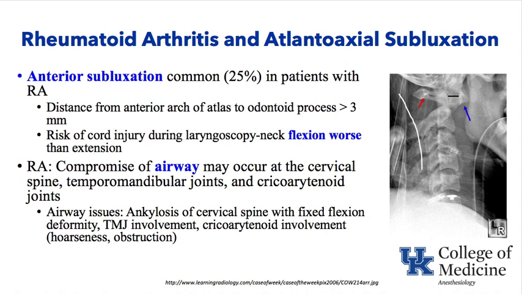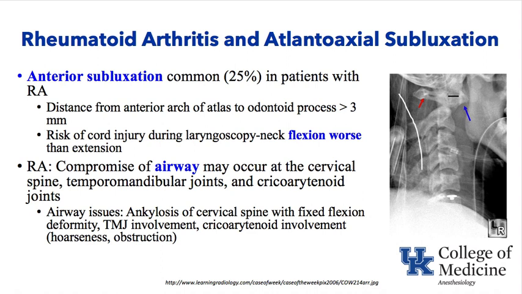And when the distance from the anterior arch of the atlas to the odontoid is greater than 3 millimeters, there's a risk of cord injury any time that you position the neck in an extended or flexed position. And flexion appears to be worse than extension. It moves that anterior subluxation, and the cervical spine, when it subluxes, can pinch off the cord.